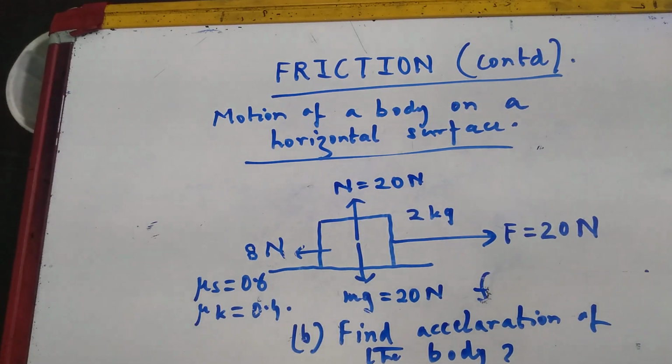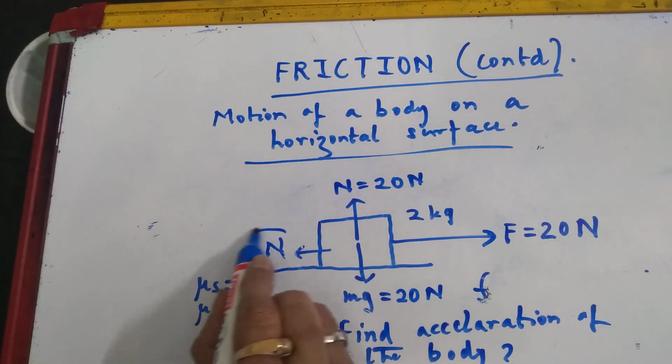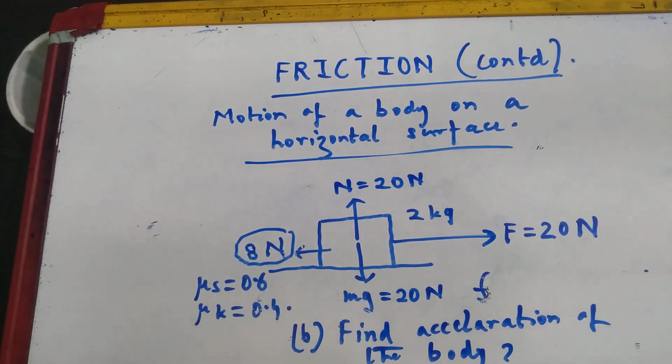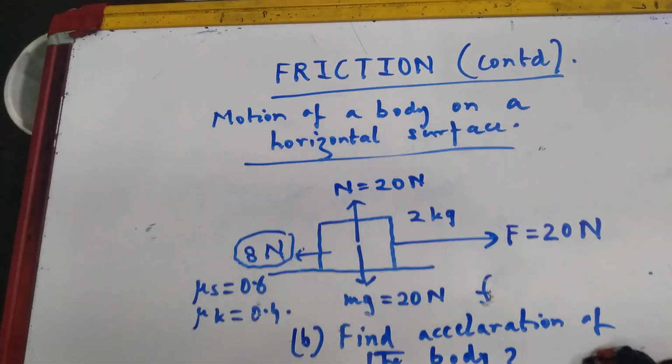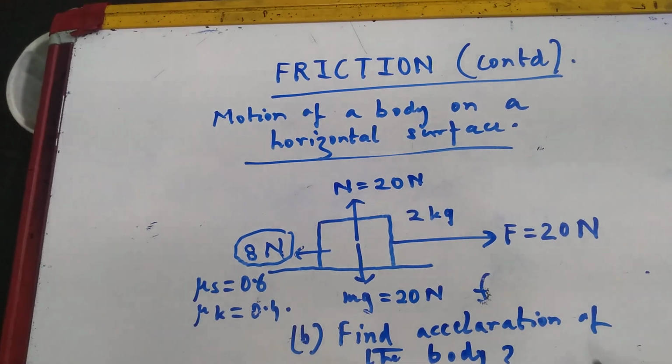The common mistake is in the net force: instead of taking 8 towards the left, what many students have done is take 20 minus 12, which is 8 Newton towards the right, which is not the case because static has lost the case. Now it's 8 Newton towards the left, 20 towards the right, which gives us a net force of 20 minus 8, which is 12 Newton towards the right.